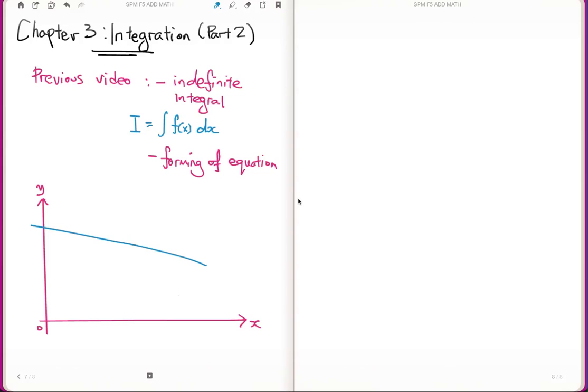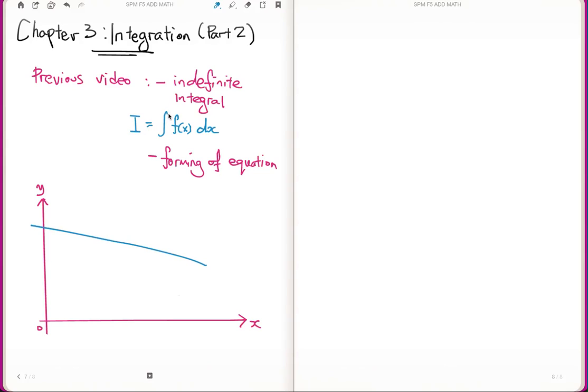In my previous video, I've gone through indefinite integral, whereby the integration law that I have shown you in the previous video.